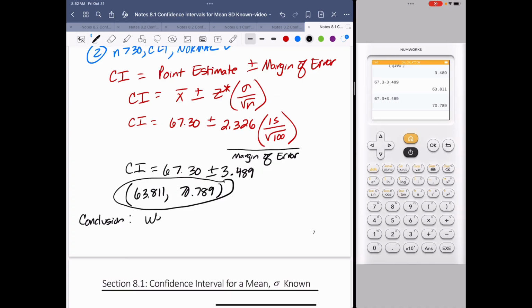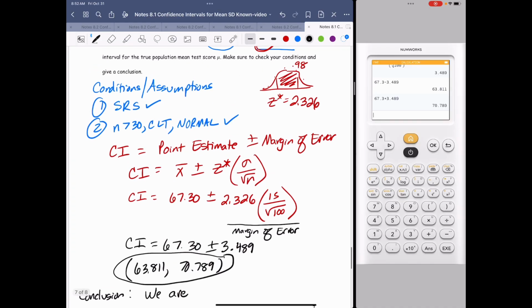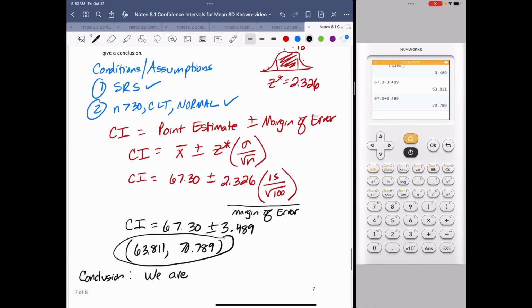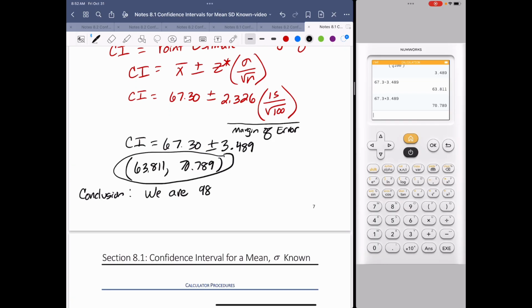We are 98% confident that the true population mean, and you always want to talk about the true population mean, nothing about the sample.